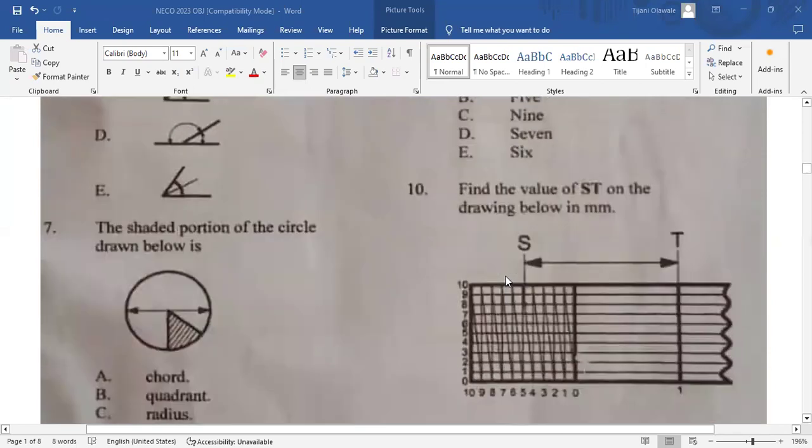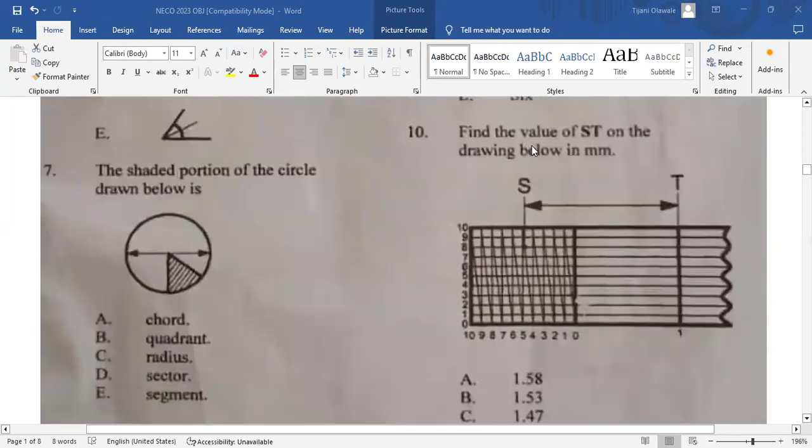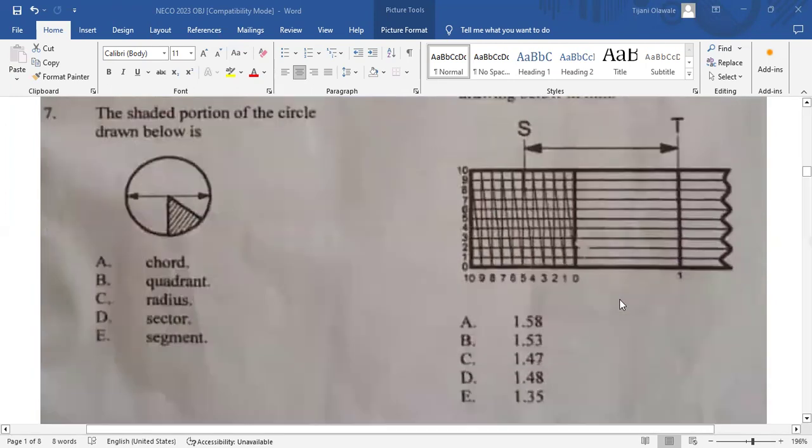Then move to question 10, which says: find the value of ST on the drawing below in millimeters. This type of scale is known as a diagonal scale. Here we have 1, then 1.1, 1.2, 1.3, then 1.4.